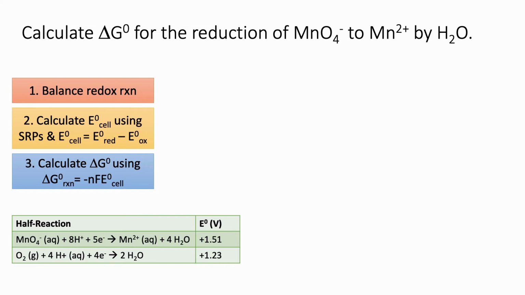Now, it's possible that you can take your permanganate and your manganese 2 plus ions, put them on opposite sides of the reaction, and then go through and balance that half reaction the way you were taught in Chem 1. But if you have that half reaction in your table of standard reduction potentials, they usually have a balanced half reaction for you, as you can see down here.